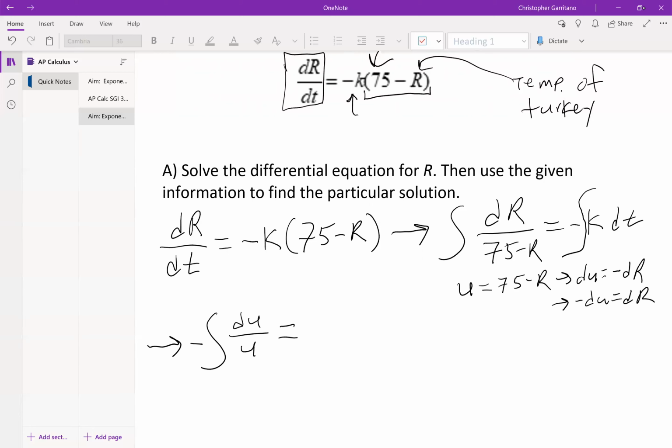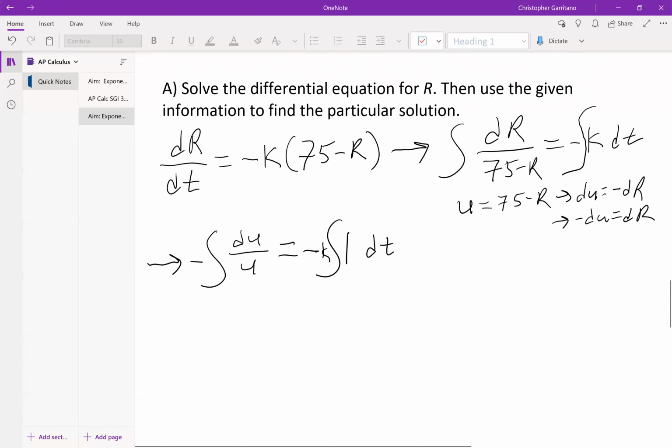Again, negative, you can think of that as -1. It's just a constant. So I'm just going to pull out all constants. So we have the integral of k dt on this right side. Technically, k is actually also a constant. So if I wanted to, I could have negative k times the integral of 1 dt.